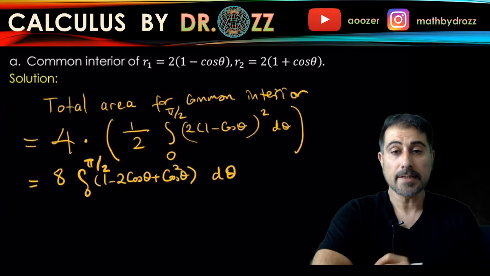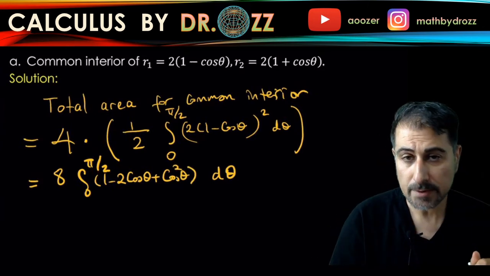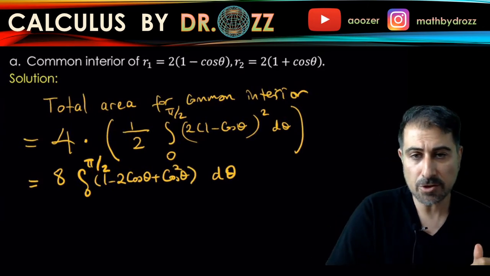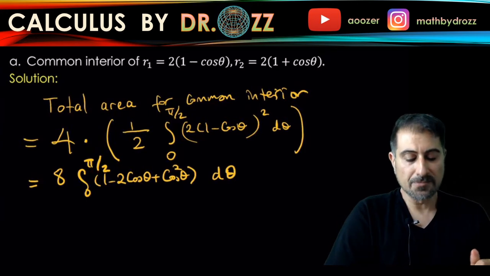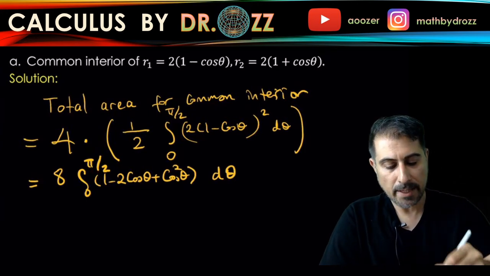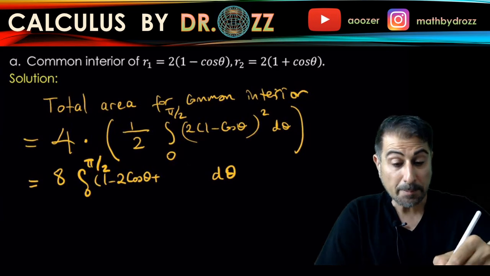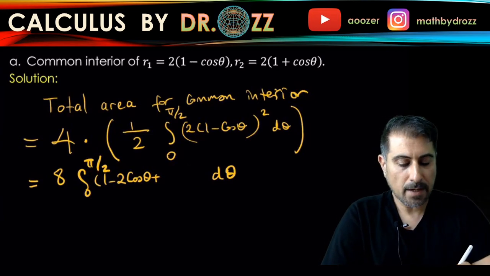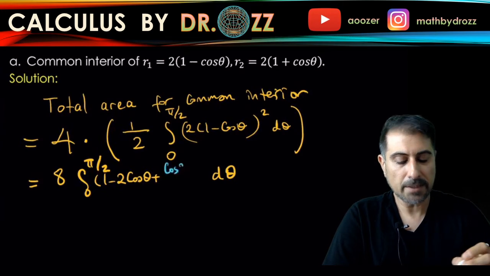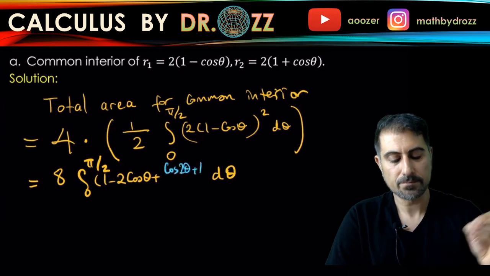Since this is the known trick at this moment, we are going to use the power reducing formula for cosine squared theta. I'm going to replace cosine squared theta by (cosine 2 theta plus 1) divided by 2.